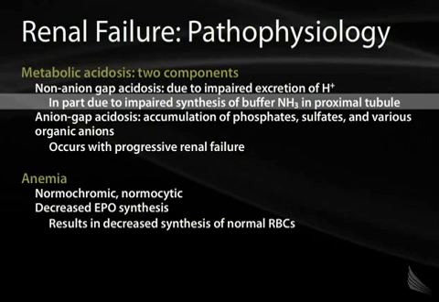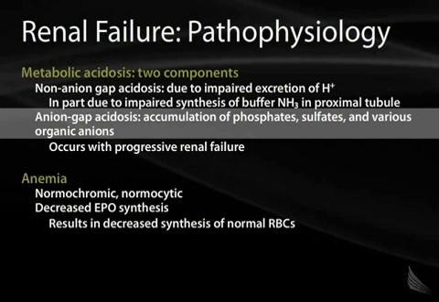As tubular mass simply falls, there is less ability to synthesize enough ammonia to excrete the daily acid load. As ammoniogenesis falls, there is less ammonia available to be protonated and excreted as ammonium. Thus, net acid excretion has fallen and a non-anion gap acidosis ensues.